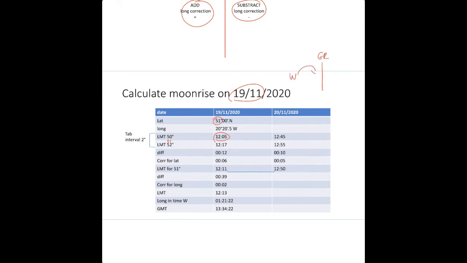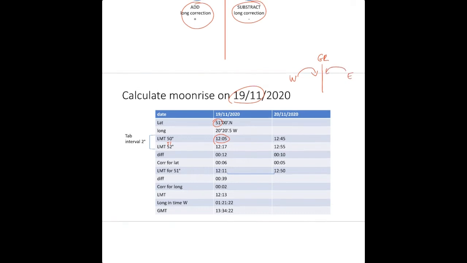When you're in the west, you have to interpolate with the next day. When you're in the east, you have to interpolate with the previous day. Now we are in the west, so we will make an interpolation with the next day, and after the 19th it becomes the 20th. So we take a look at the page of the 20th, and there we find for LMT these values that you see there, 1245 and 1255.